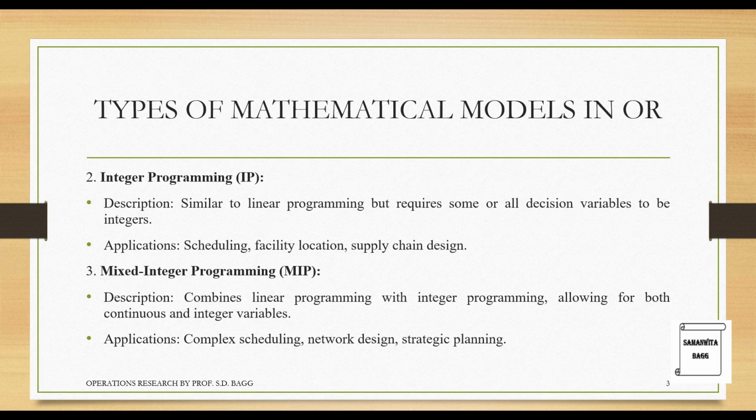Next is mixed integer programming (MIP), which combines linear programming with integer programming, allowing for both continuous and integer variables. So here you can have the value of decision variables as integers or continuous values. Applications are complex scheduling, network design, strategic planning.